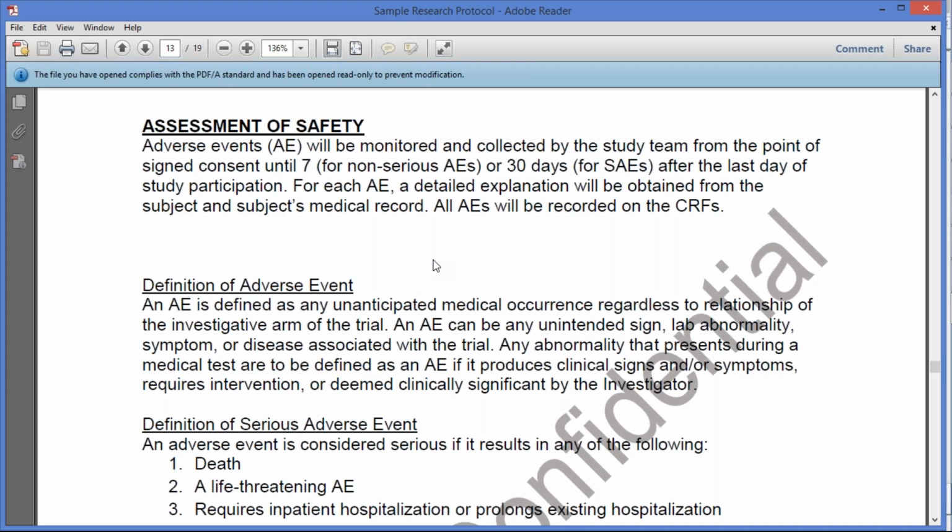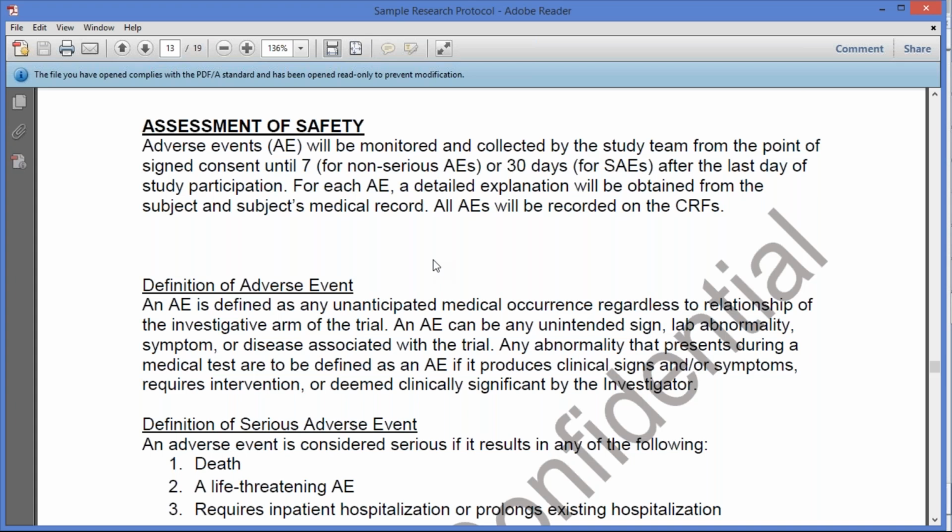So when do we collect these adverse effects? They are collected during the study, from when they sign the consent form until 7 days for non-serious and until 30 days for serious. Even after completion of the study, the patient will be monitored for 30 days, 7 days.